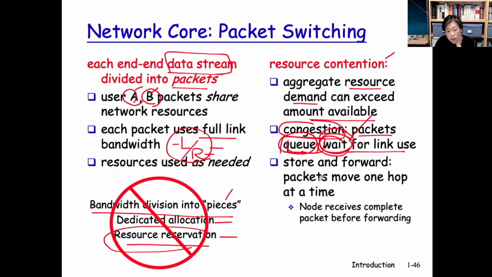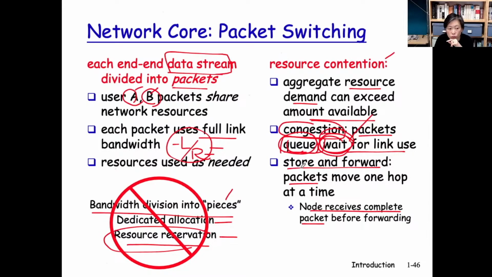Another disadvantage is a little bit subtle. In a packet switching network, there's no circuit being established. The way we send a packet is that you forward it out on the link. The next router will need to pick up everything, so you need to wait until the entire packet is received. The next router will need to receive the complete packet before it can further forward the packet.